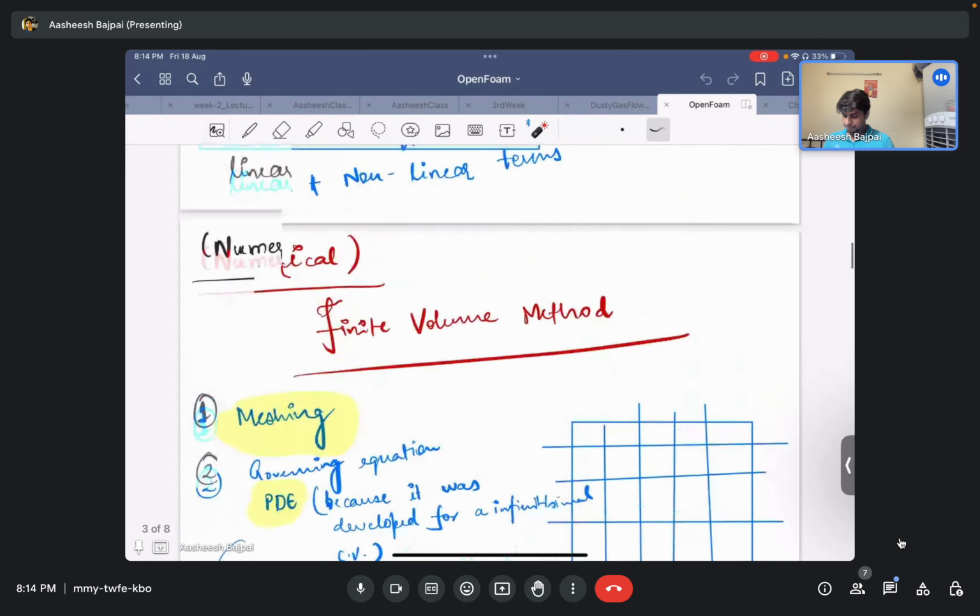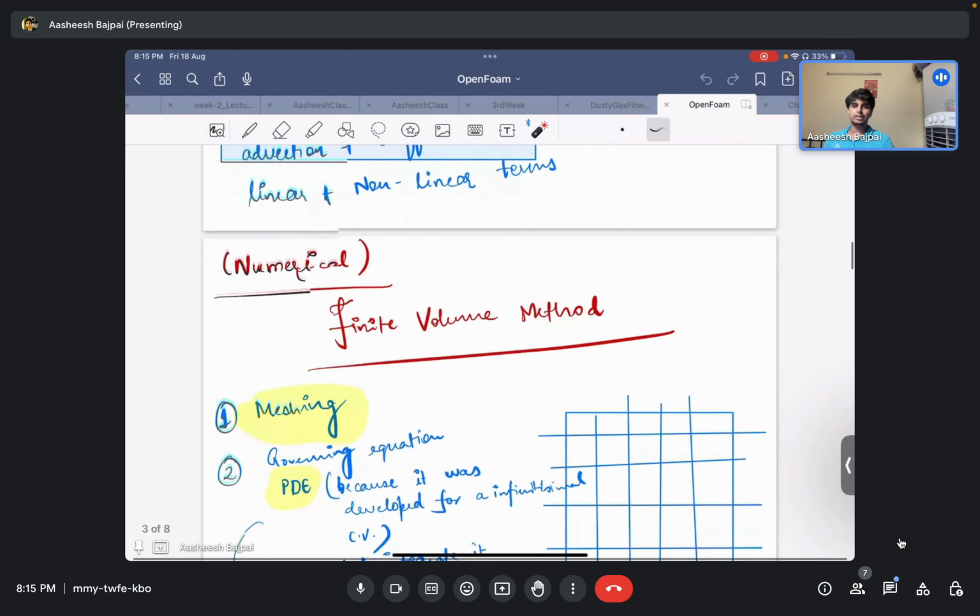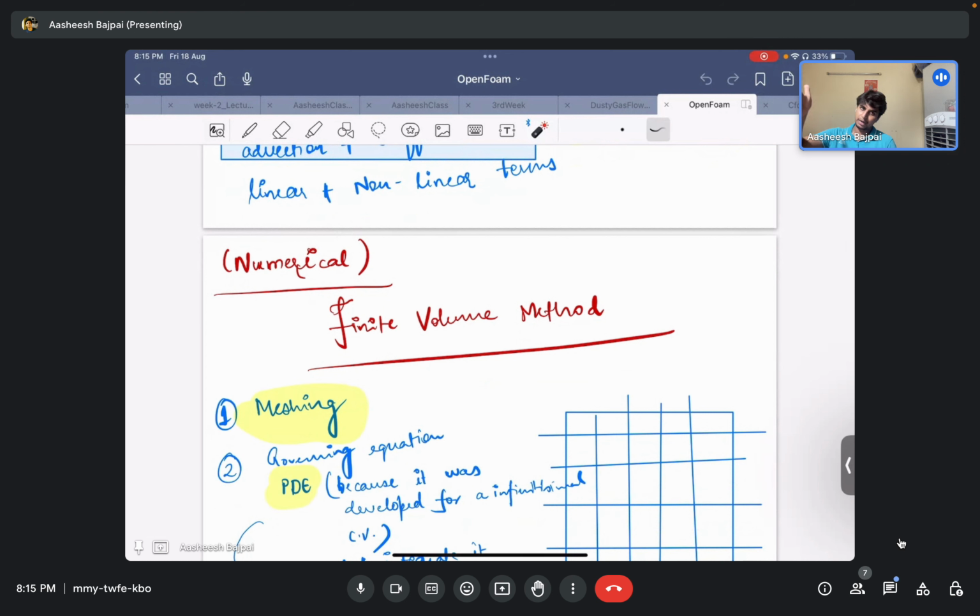If you want to solve it numerically with the finite volume method, I have covered finite difference in the MATLAB section today. Now I want to explain something about the finite volume method. The first point is meshing, and before that there are more points we need to define.